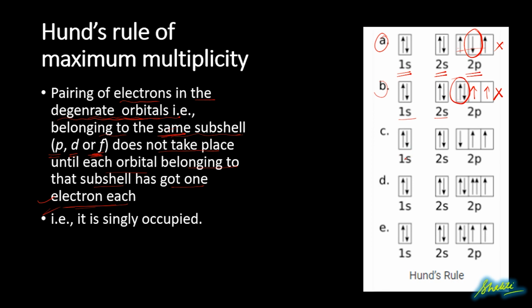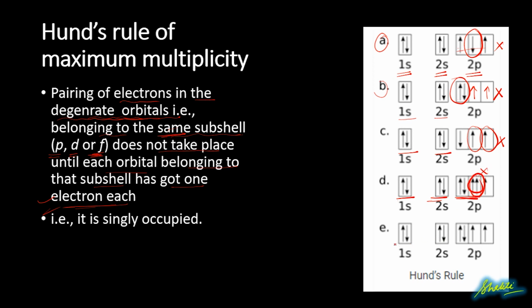In the next case, the singly filled orbitals have opposite spin, so it is wrong. Here, these two are doubly filled, but having the same spins, so it is wrong.